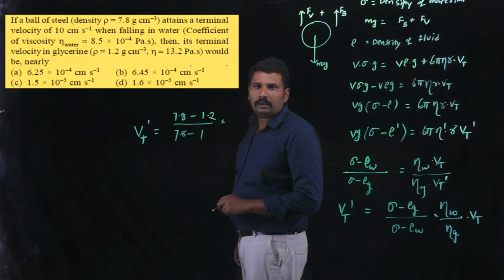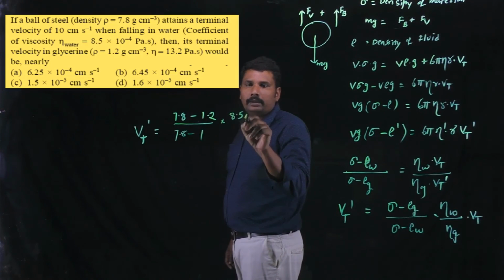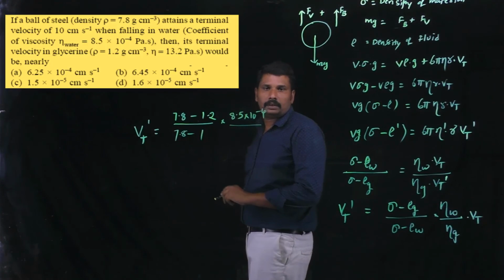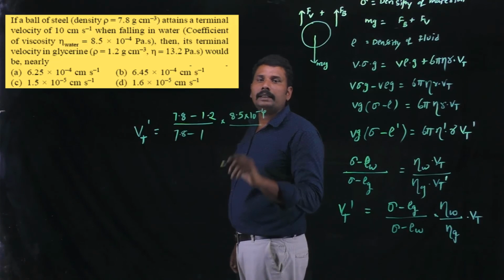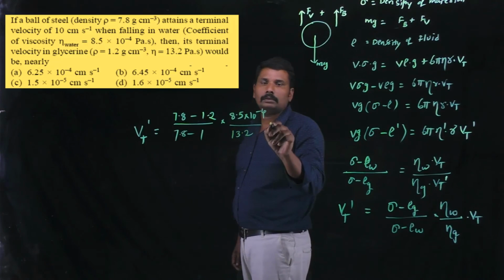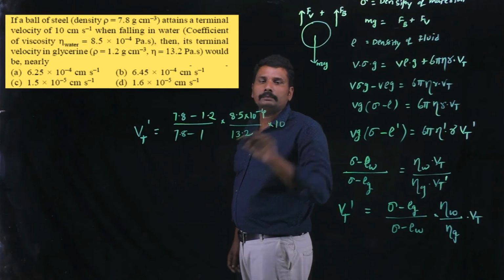The coefficient of viscosity of water is 8.5 into 10 power minus 4, divided by the coefficient of viscosity of glycerin, which is 13.2, into the terminal velocity in water, which is 10.